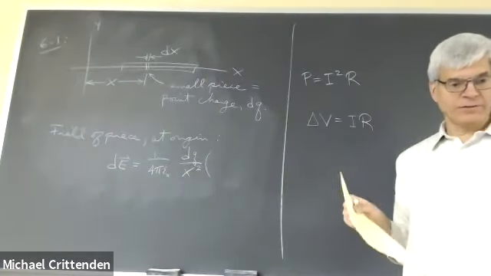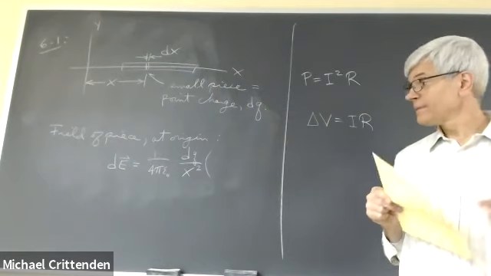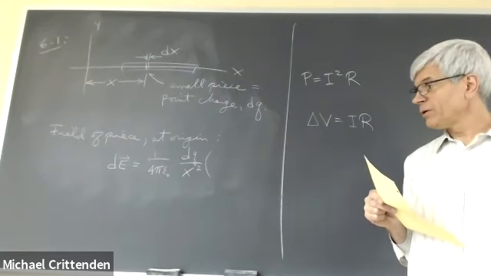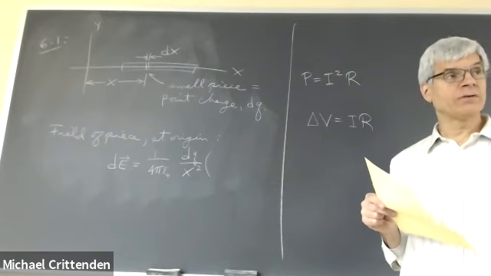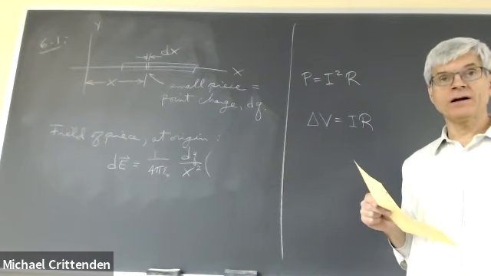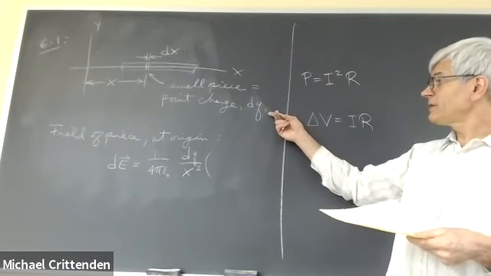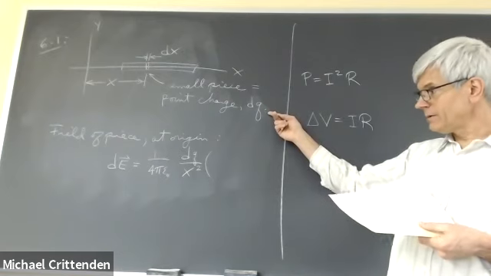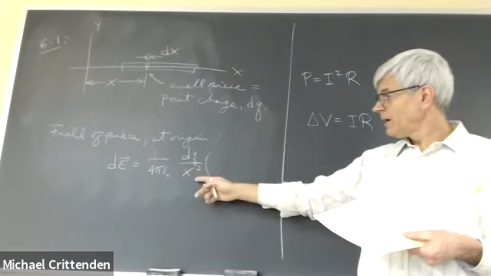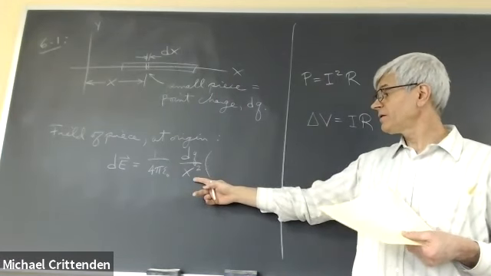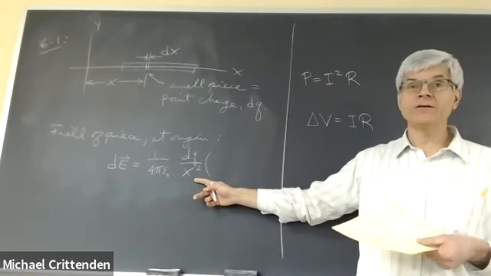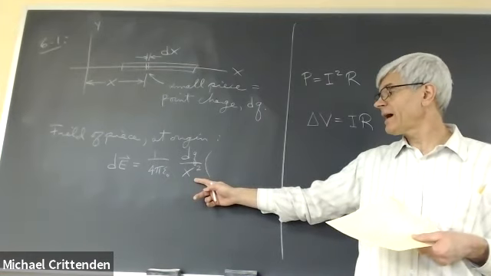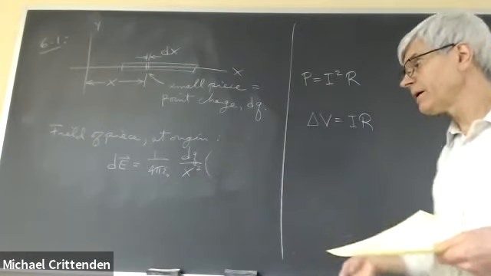What it says on your formula sheet under section 1 is that the field of a point-like charge is the Coulomb's law constant times Q over R squared. Well, the charge Q is this infinitesimal charge dQ in this case. And as far as the distance, you could call it R, you could call it X, it doesn't make any difference. I called it X because it's on the X-axis, but if you like R, call it R.